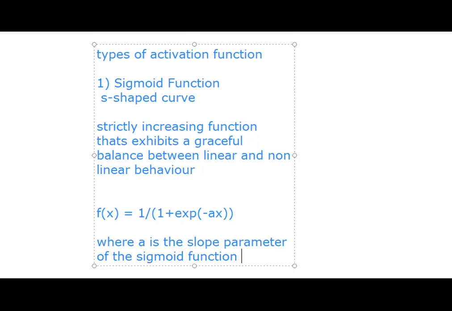By varying the parameter a, we can obtain sigmoid functions of different slopes. In fact, the slope at the origin equals a by 4, and in the limit as the slope parameter approaches infinity, the sigmoid function simply becomes a threshold function.